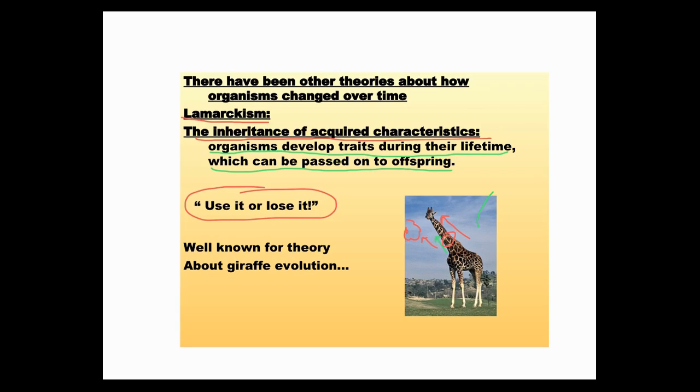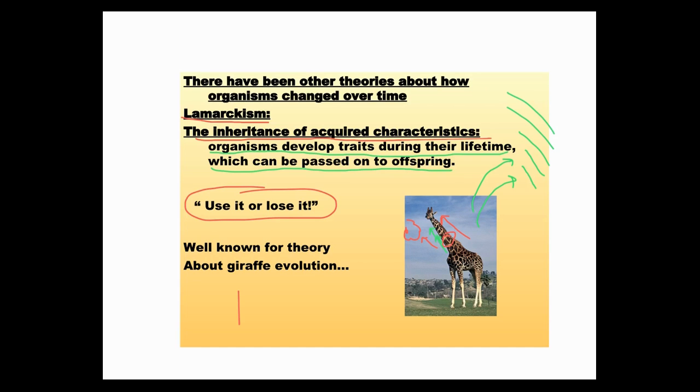And therefore, when they had baby giraffes, their necks would be a little bit longer than their parents. And those baby giraffes would reach up for trees and they would stretch their necks just a little bit. So they would pass on their just slightly longer necks to their babies. And over several generations, the necks just got longer and longer and longer.